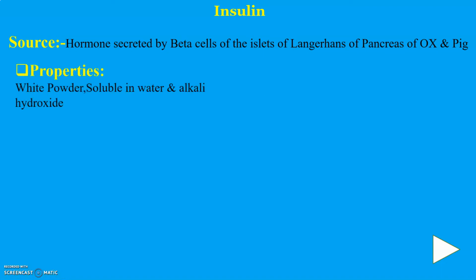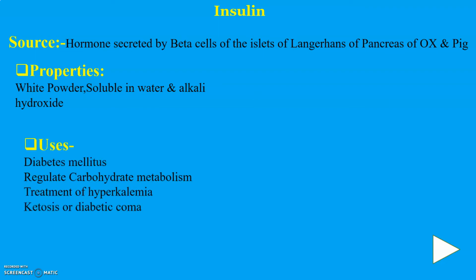Then the properties: white powder, soluble in water and alkali hydroxide. The uses: generally it is used to treat diabetes mellitus, to reduce the blood sugar level, and also to regulate carbohydrate metabolism in the treatment of hyperkalemia, ketosis or diabetic coma. These are the uses of insulin.